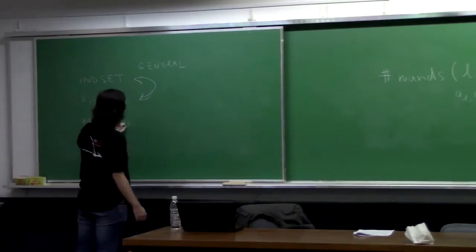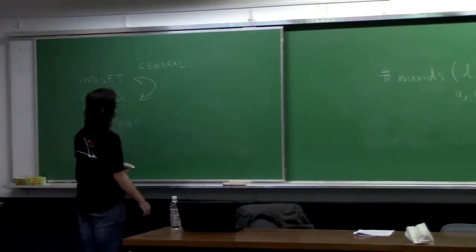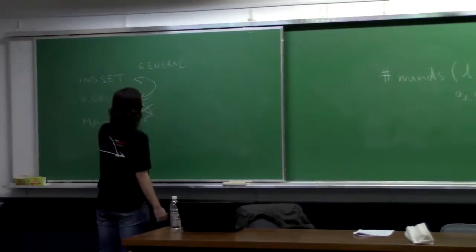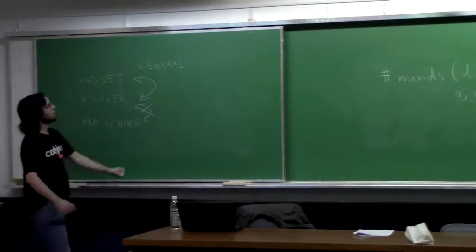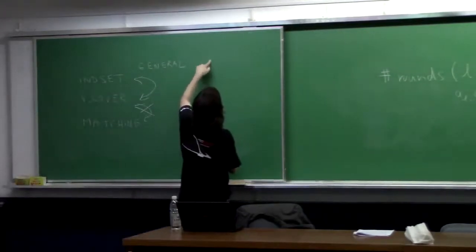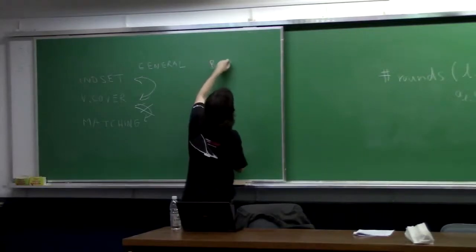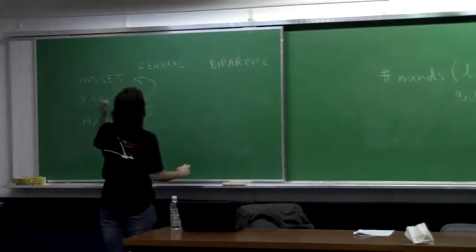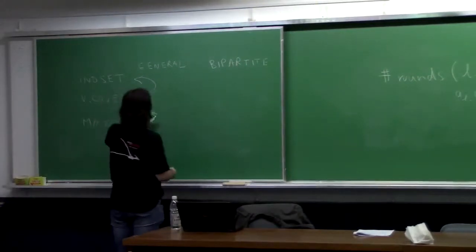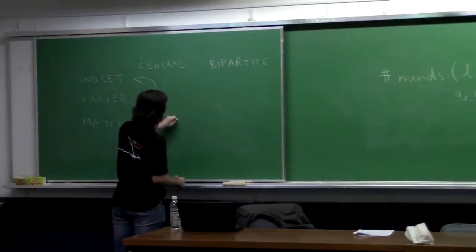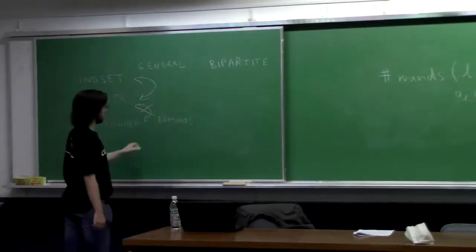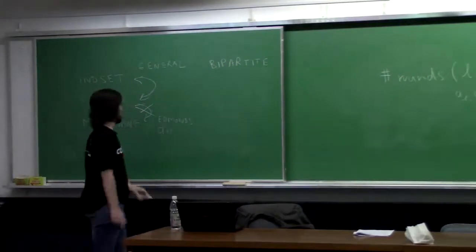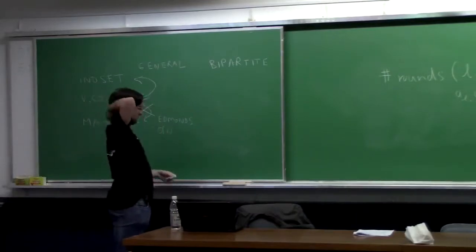And then we have matching, which is not the same, and then we have bipartite graphs, here matching is Edmonds' algorithm in O, and don't know, n to the power of 3 or n to the power of 2 or something.